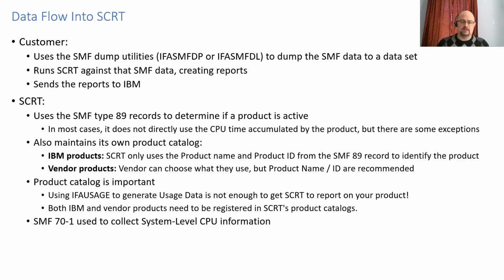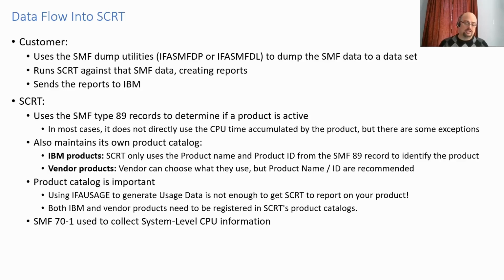Something else: SCRT has its own product catalog. So for IBM products, we talked about those 5 fields. SCRT doesn't use all of those. It only uses the product name and product ID from the SMF 89 record to identify the product.